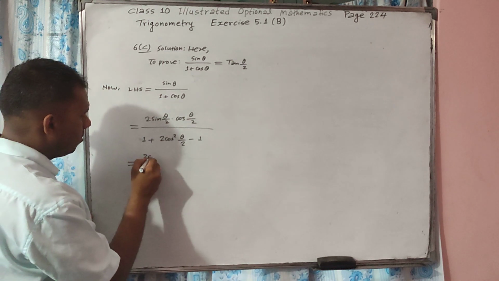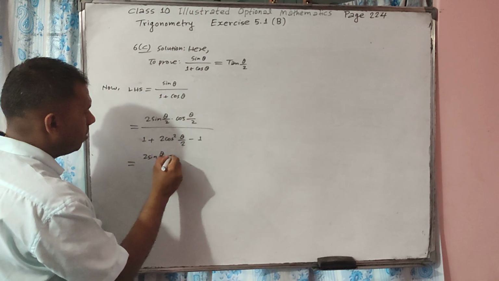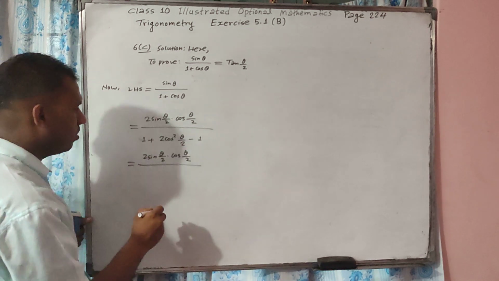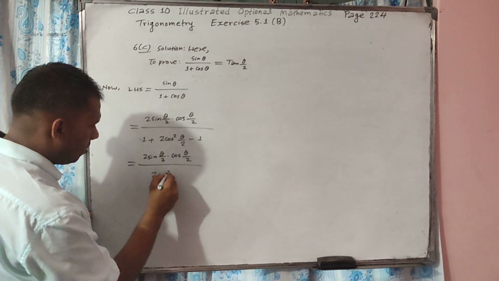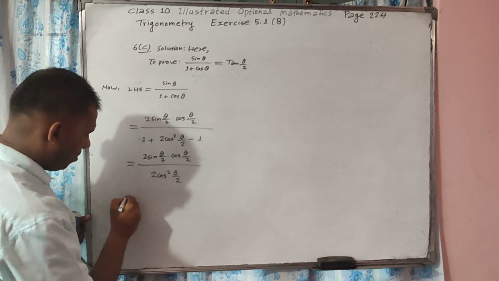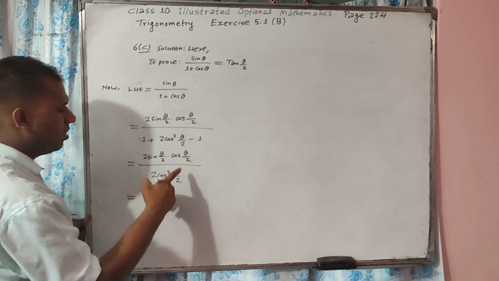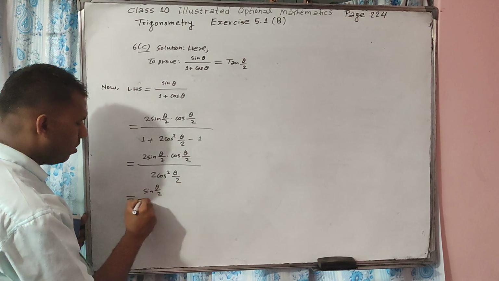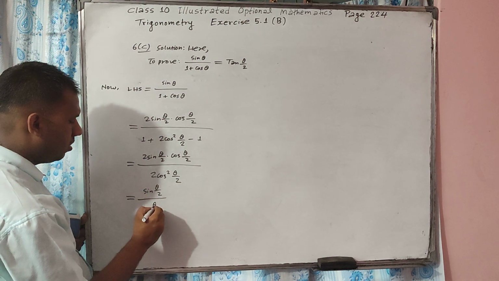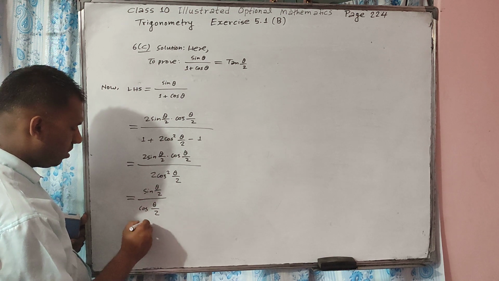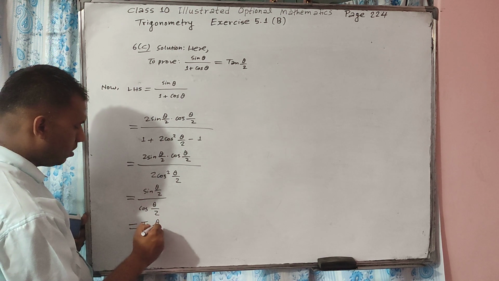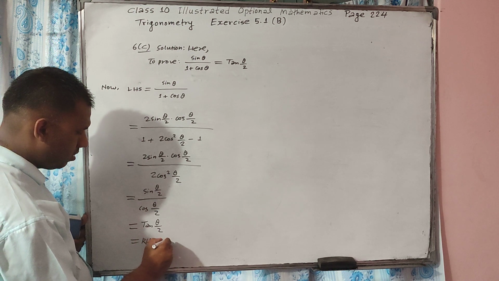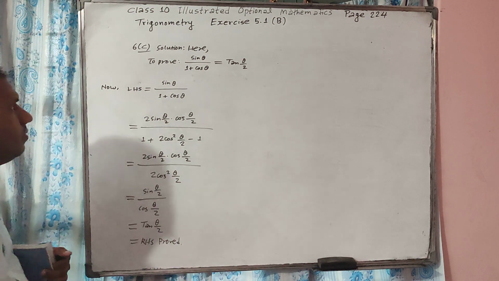That is 2 sin theta/2 dot cos theta/2 upon 1 minus 1 cancel, the remaining 2 cos square theta/2. 2 cancel out, cos theta/2 cancel out. On the numerator remaining sin theta/2, on the denominator remaining cos theta/2. Sin by cos, that is tan theta/2, equal to RHS. Proved.